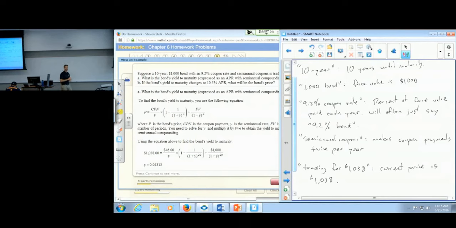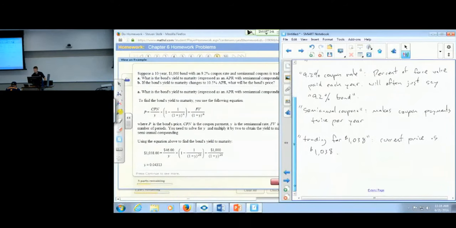Okay, from all that information, we can pick out one more thing that it didn't directly tell us, and it never will when you're looking at a bond quote. And that is the actual coupon payment, that CPN, which we're going to need in just a moment. That actual semi-annual coupon payment, the dollar amount, is given by the formula coupon rate times face value divided by the number of coupon payments per year.